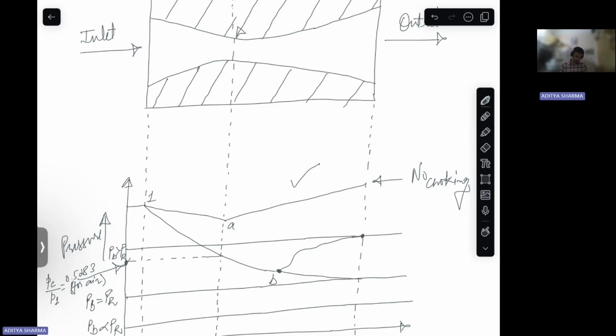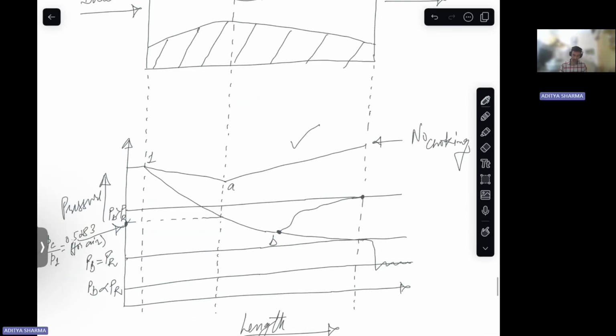So this is when your back pressure is equal to your exit pressure, right? So this is basically your design case, ideal case. Then if your back pressure is less than your exit pressure, in that case, again, there will be a series of expansions and compressions. So that is your last case, right?